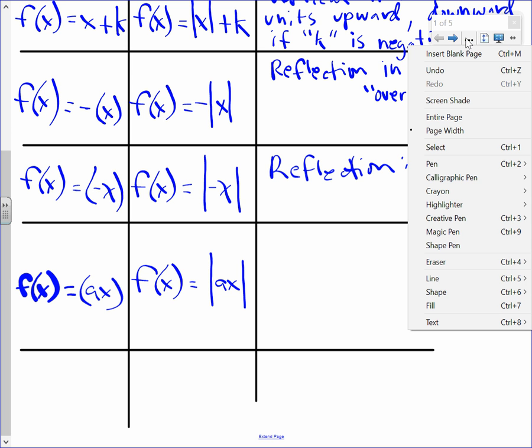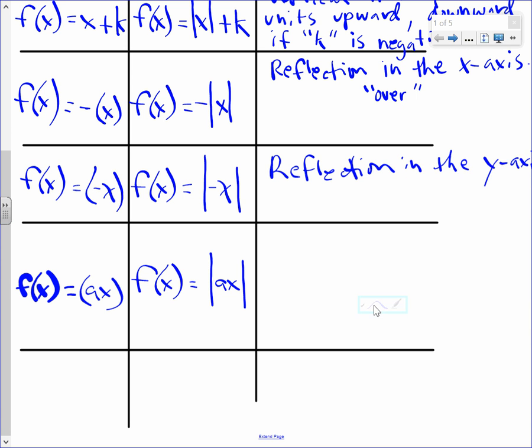clicker. The effect is a horizontal stretch. Watch this now, by a factor, write this in. Second to the last.